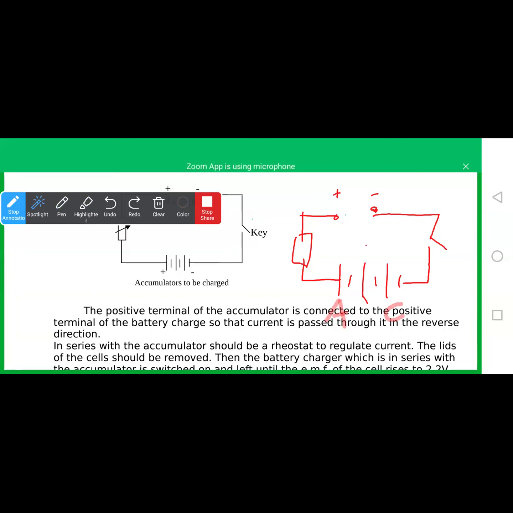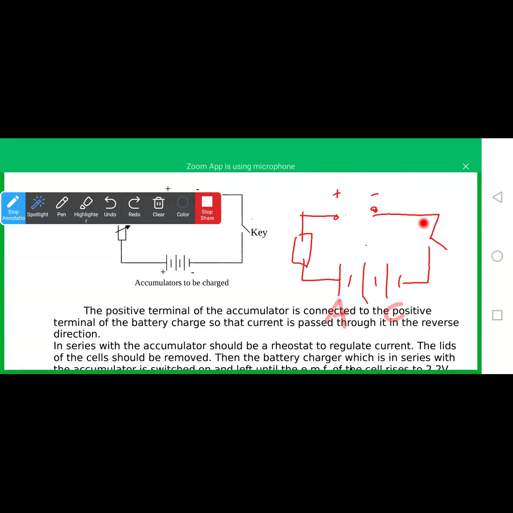So what happens is that as electrons travel in this circuit, more electrons will be coming to this side of the cathode, and then they'll be leaving through the anode. As more electrons are coming to this side, we shall have a pile-up of electrons, and as they are leaving, we shall have a deficiency of electrons this side.